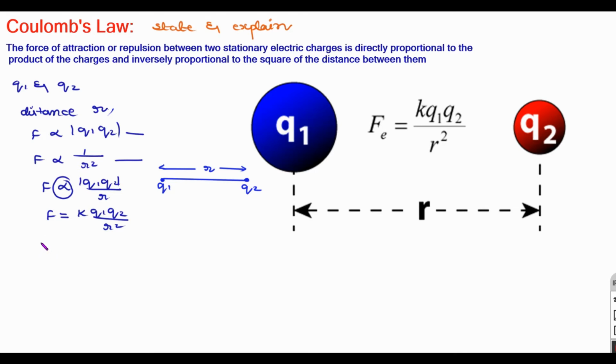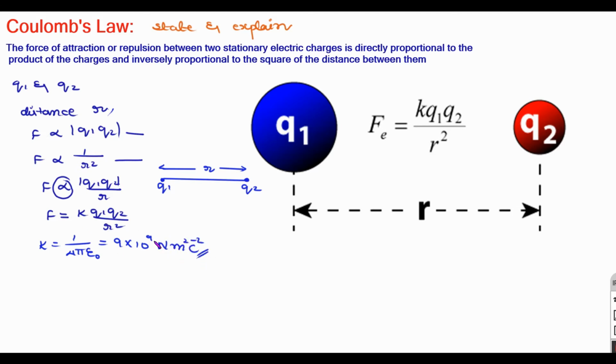This k is a constant of proportionality and it is 1 divided by 4 pi epsilon naught. This 1 by 4 pi epsilon naught value is 9 into 10 to the power of 9 Newton meter square per coulomb square.